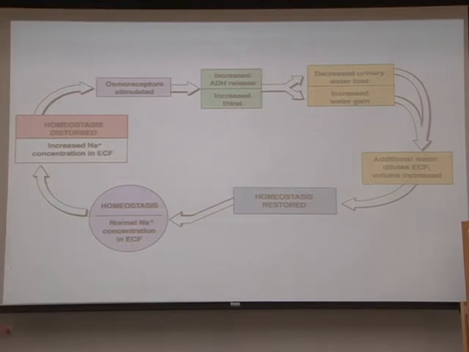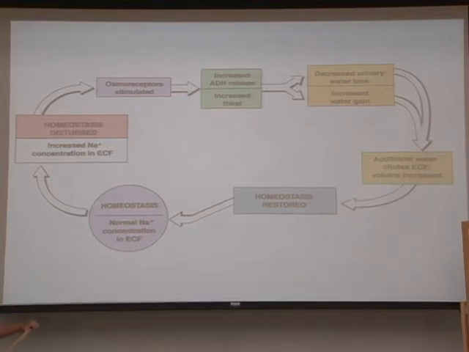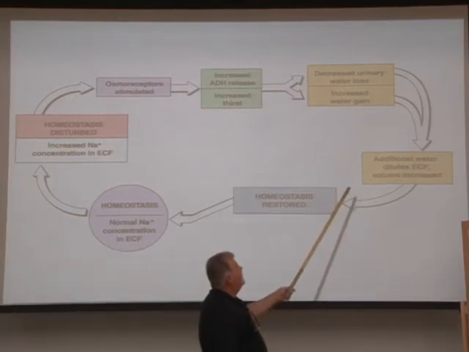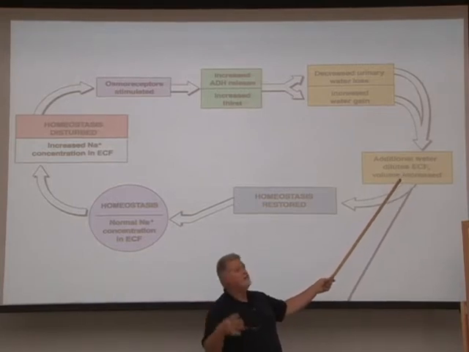So this is just a kind of reiteration of everything we were just talking about. So if we have an increase in sodium, what are we in? Hypernatremia or hyponatremia? Hypernatremia. So if we're in hypernatremia, what could we do? We could take in more water, right? Because it dilutes that.